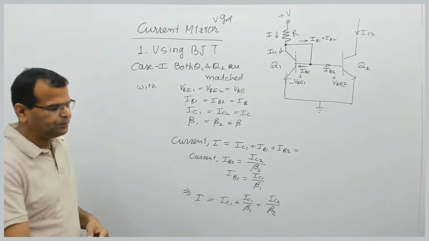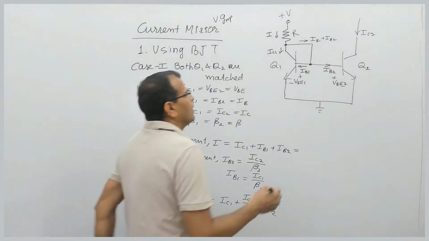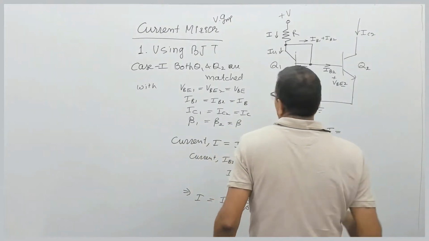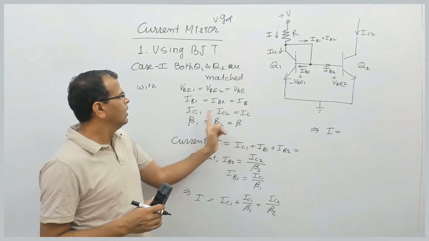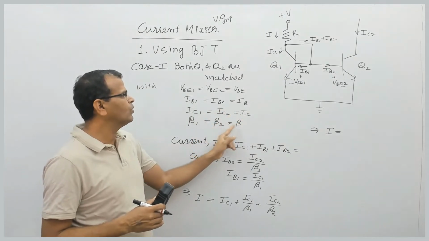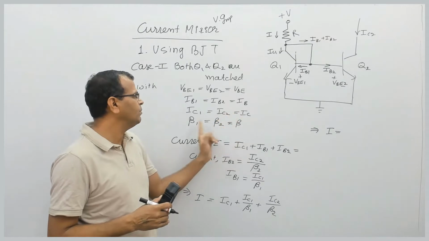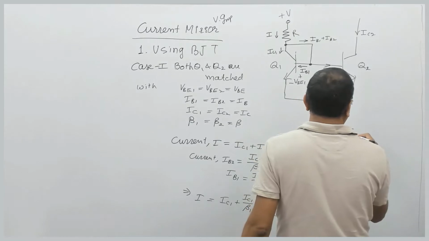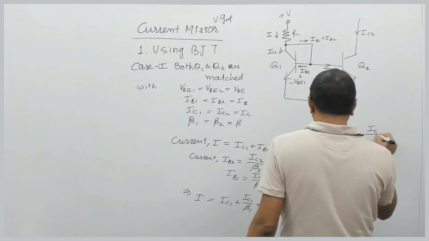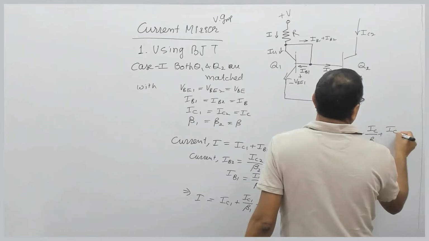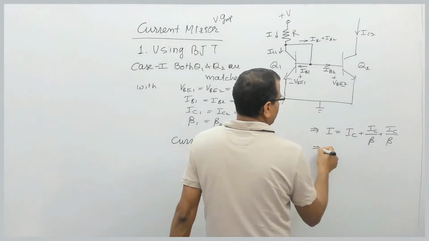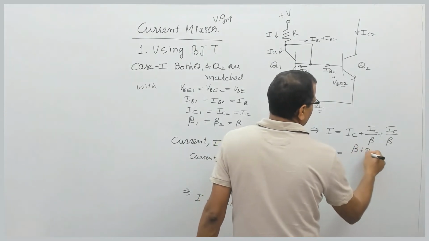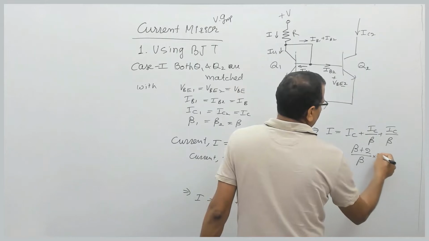Fine. Now, this gives I equal to, now what we have assumed? IC1 is equal to IC2 equal to IC, beta 1 is equal to beta 2 is equal to beta. So simply I can write this as IC plus IC upon beta plus IC upon beta, or you can write it like this, I equals, taking LCM, beta plus 2 divided by beta multiplied by IC.